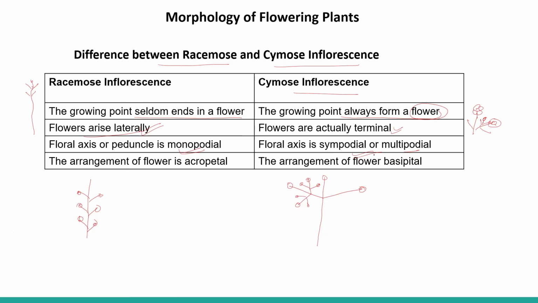This type of arrangement is called sympodial or multipodial. The arrangement of flowers in racemose is acropetal, and in cymose inflorescence we have basipetal arrangement. This we have already discussed.